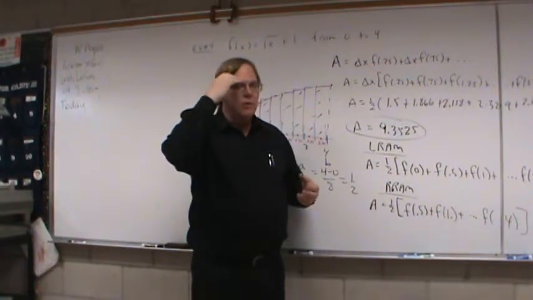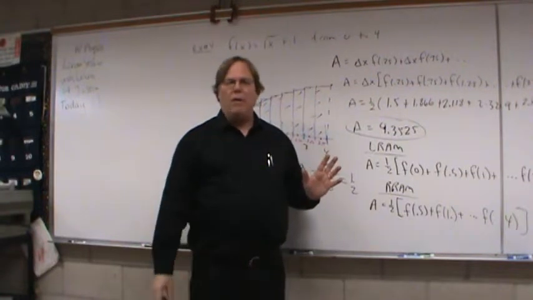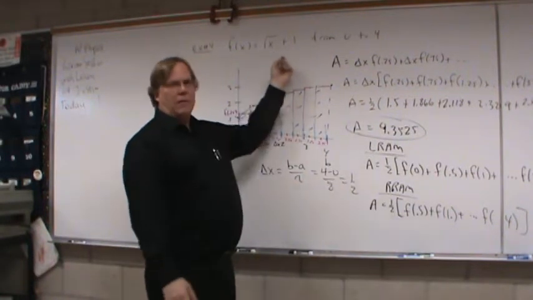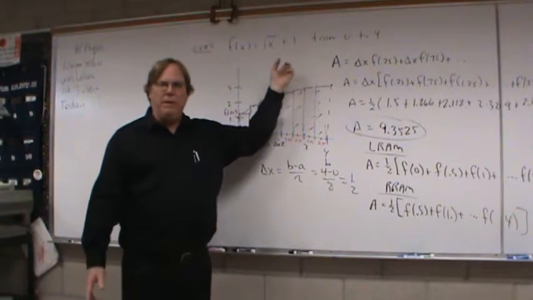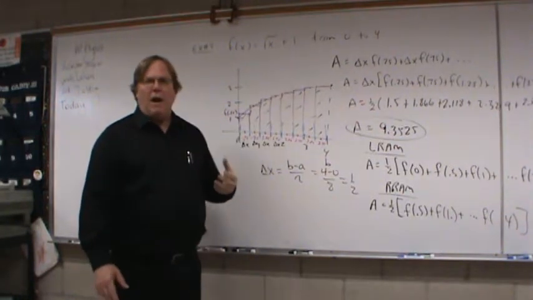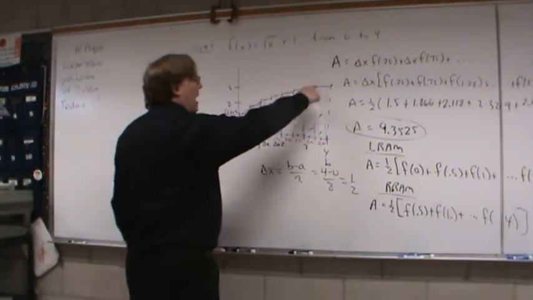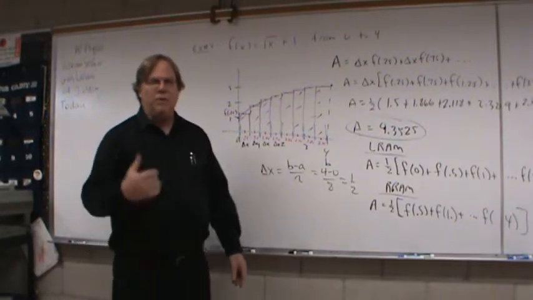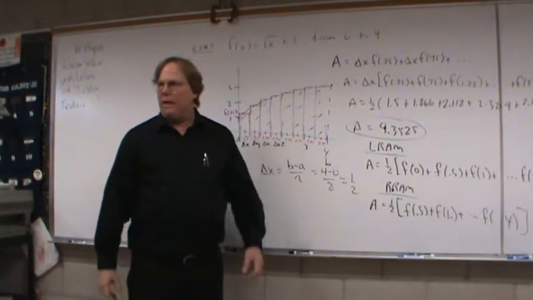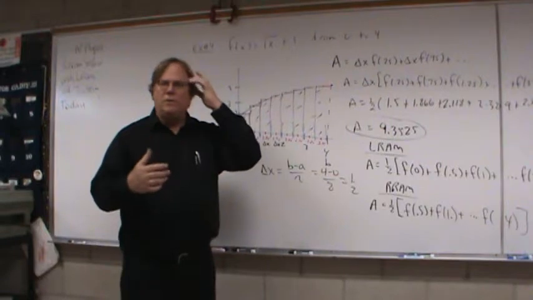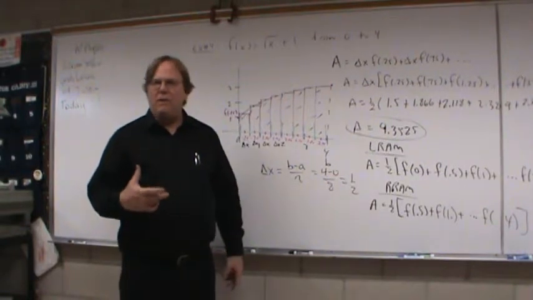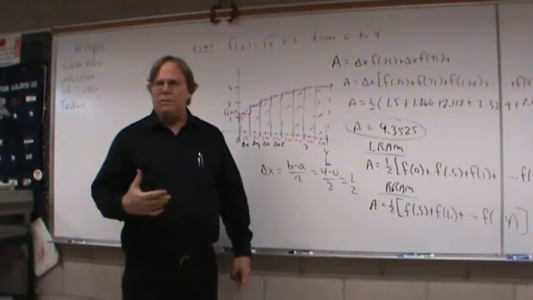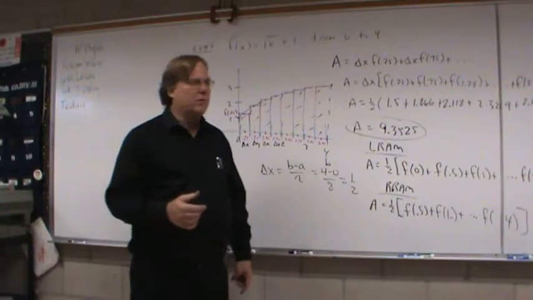So you see what we're doing right now. I don't have a formula. I don't have a function telling me what my speed is with respect to time. In fact, I'm not even getting a graph. All I'm getting is a bunch of discrete points 5 seconds apart. And yet, with those discrete points, I can still get a good idea of what my car is doing and what distance my car is going.